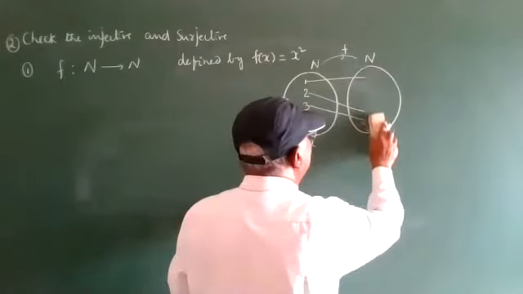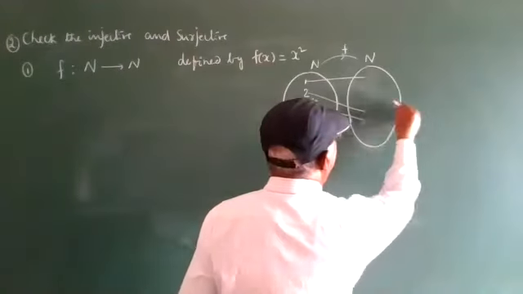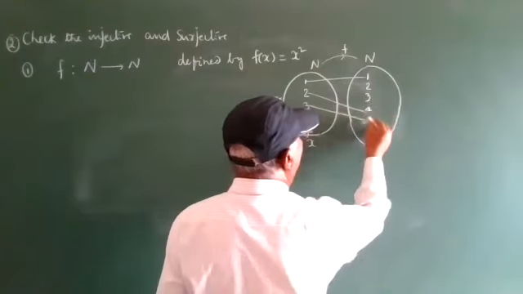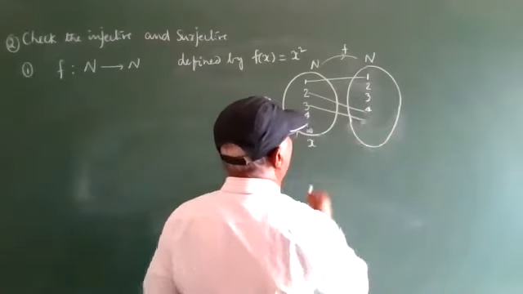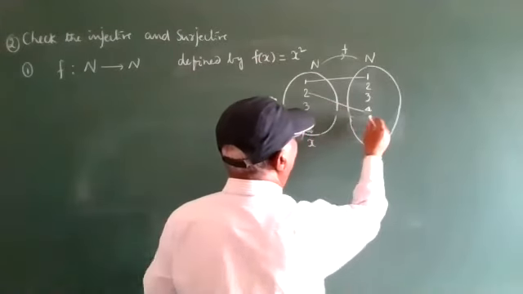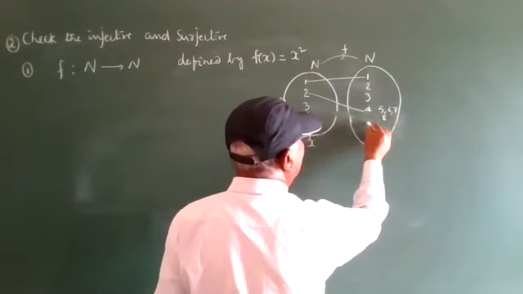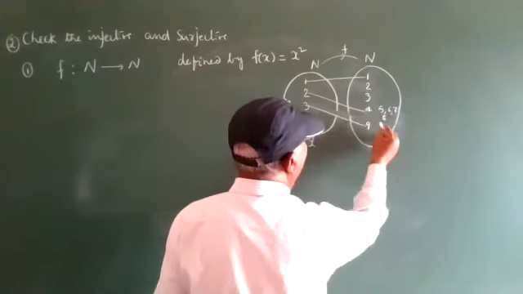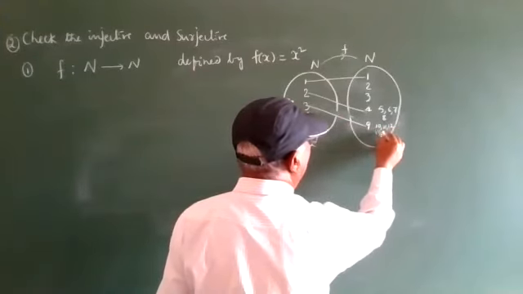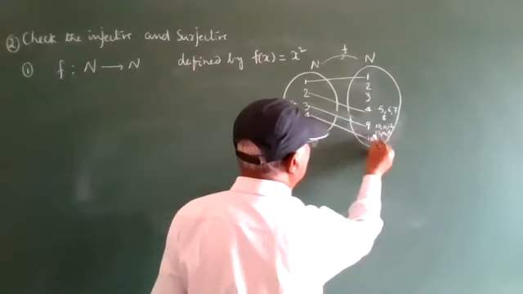Everyone observe the figure. 1, 2, 3, 4, 5, 6, 7, 8, 9, then 10, 11, 12, 13, 14, 15, and next the 16. 4 goes with 16.